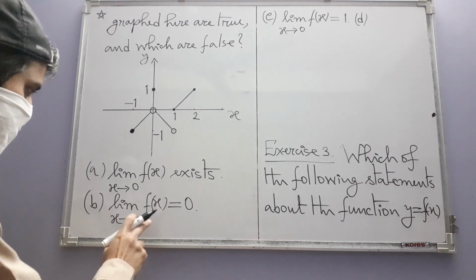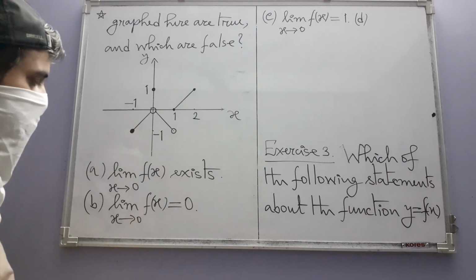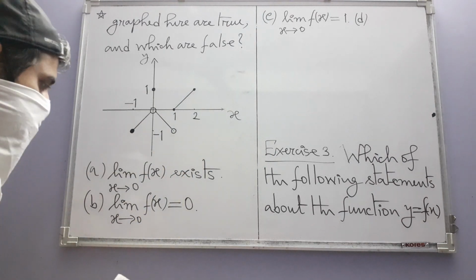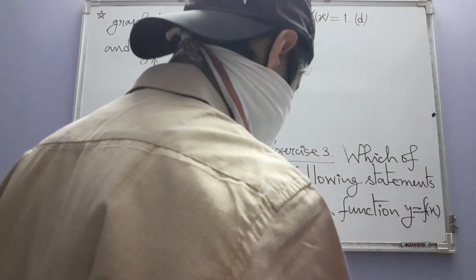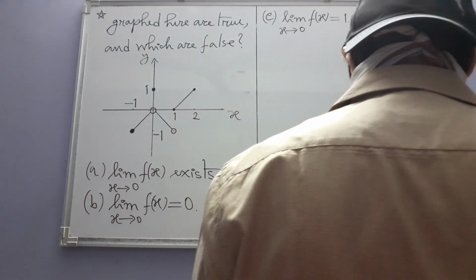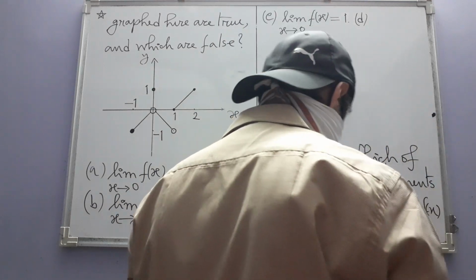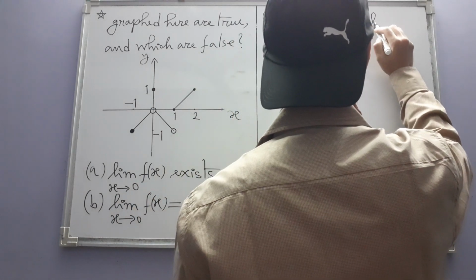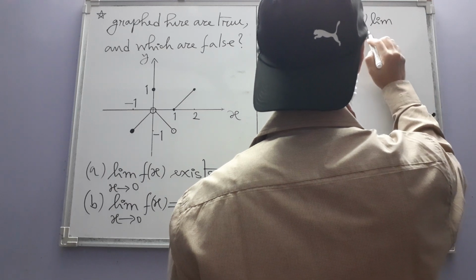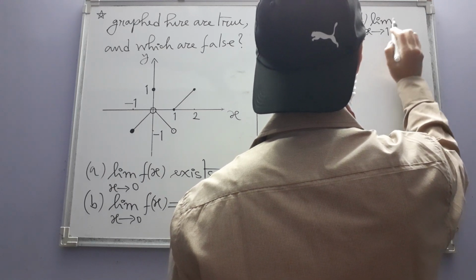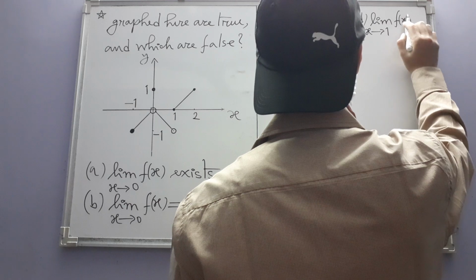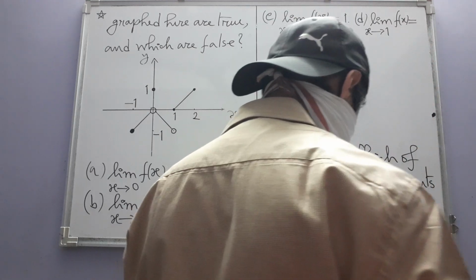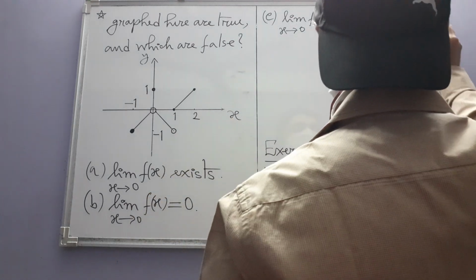So you can clearly see that both these two things cannot be simultaneously true, but both can be false. That possibility is there. Then part D is limit of f of x as x tends to 1 is 1.